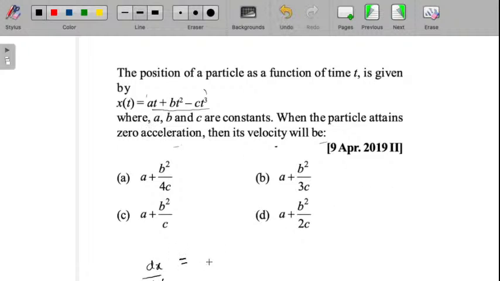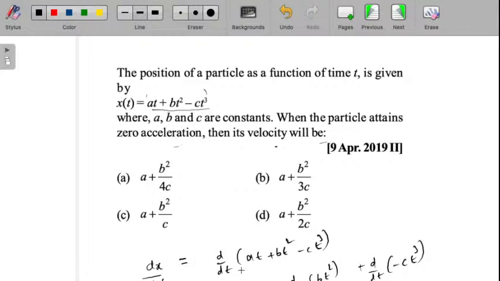I could. dx by dt is supposed to be d by dt of at plus bt square minus ct cube. What would this be? d by dt of at plus d by dt of bt square plus d by dt of minus ct cube.